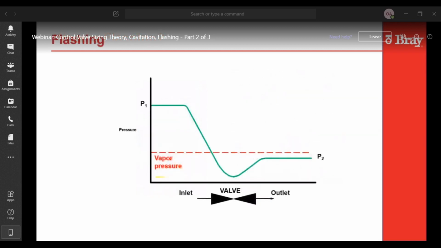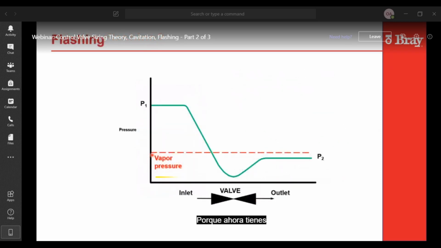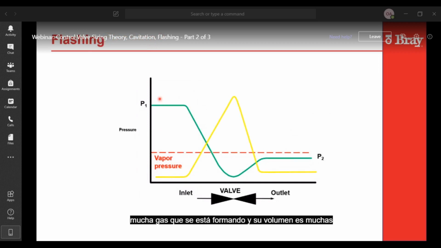So this causes a very high velocity, because now you have a lot of gas being formed and its volume is many times more than the liquid, and it's trying to fight with the liquid for the space inside the pipe. So the result is an acceleration of the velocity of the liquid downstream.